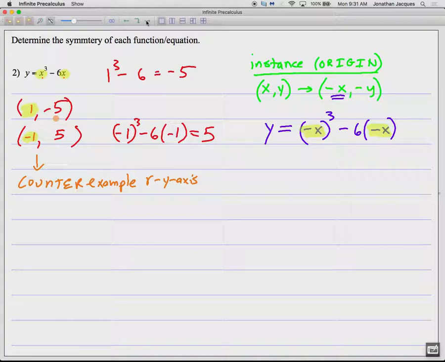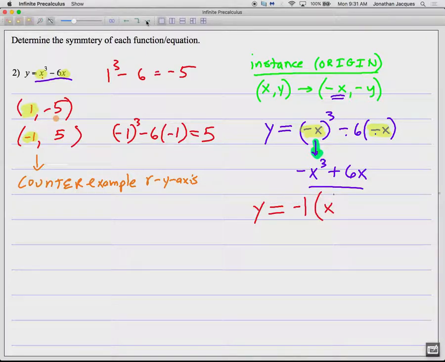I'm using function composition, negative x in for x in my original function. Again, this is something that you should probably already know from pre-calculus. When I cube a negative, it stays negative. If I multiply negative x times negative 6, I get positive 6x. You can see that these are opposites, but not everyone can see that, so I'm going to keep the y, drop down, and factor out a negative 1.